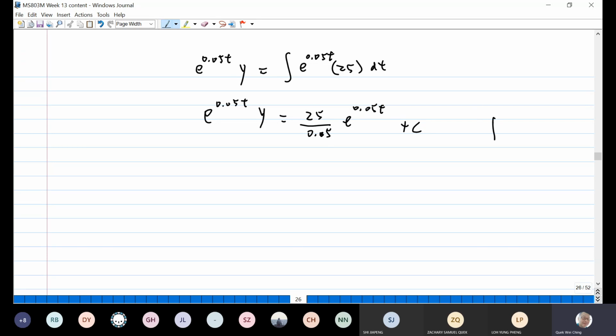Remember how to integrate e^(at): it is 1 over a times e^(at).